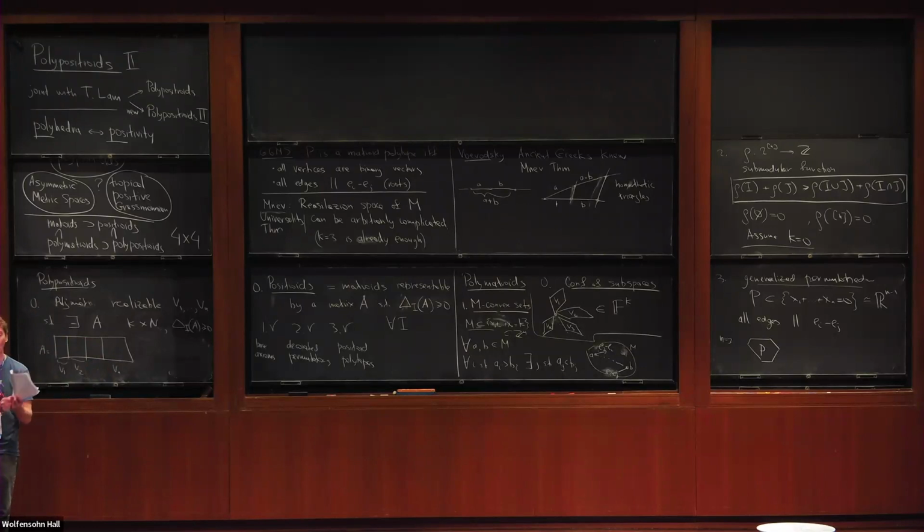When we talk about polypositroids, our sacrificial lamb is S_n symmetry. The notion of polypositroids is not invariant under all permutations of the ground set, but it's invariant under cyclic permutations, and we can combine only consecutive blocks together.